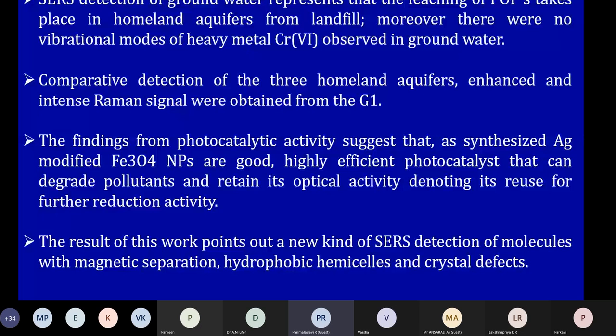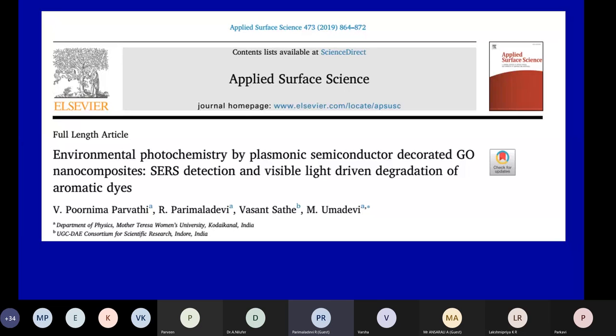So this is our new work, and this is very important work. Both Ag and TiO2 have more photocatalytic activity. When we add Ag and TiO2 also, we had more photocatalytic activity, but it has only 83%.